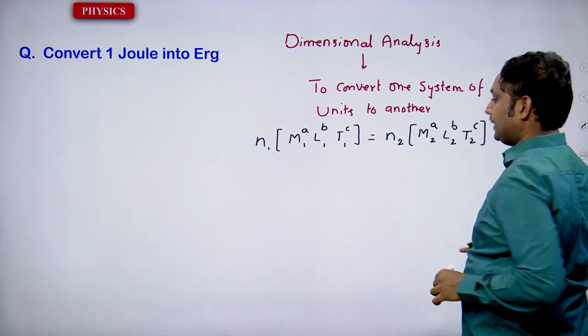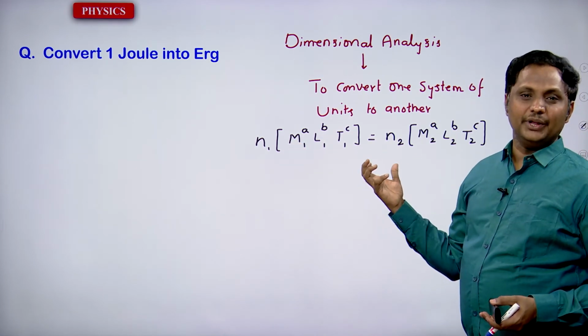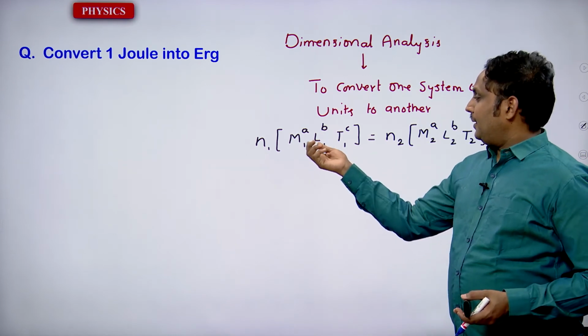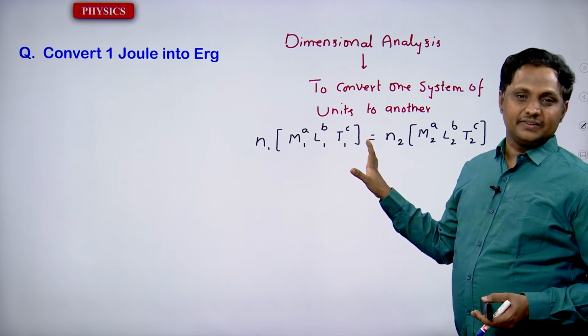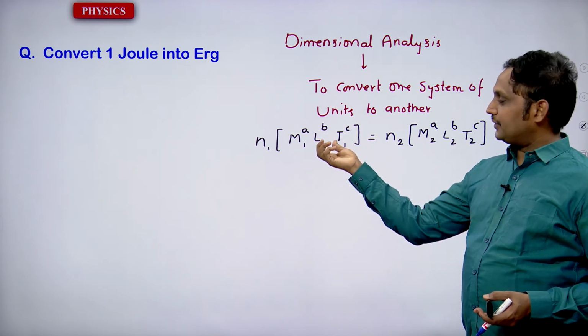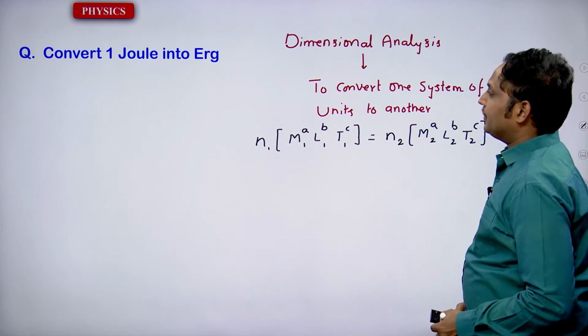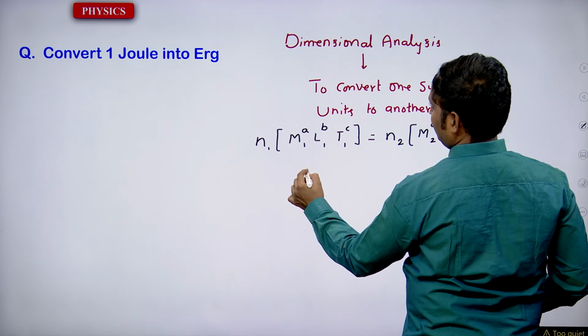It is very clear. So, n1 and n2 represent the numerical values, and the powers raised are those of the base quantities mass, length and time in one system.